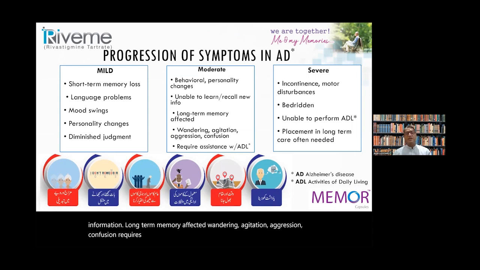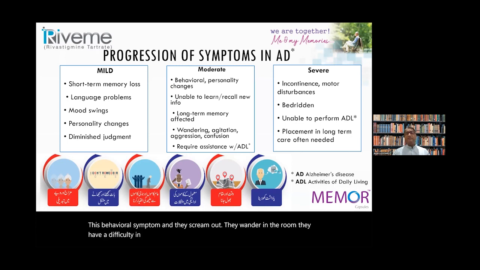I see a lot of patients brought by families to the OPD. They have moderate Alzheimer's disease, and they present with behavioral symptoms: they scream, they wander in the room, and they have difficulty sleeping.